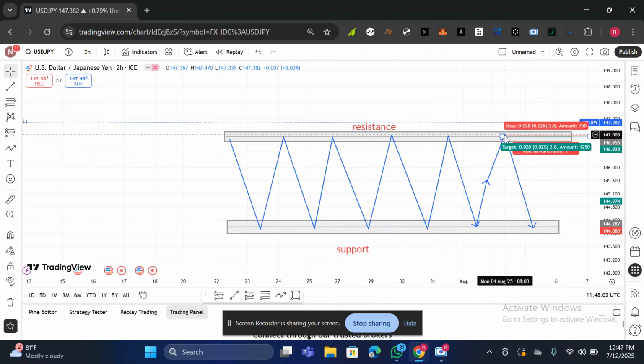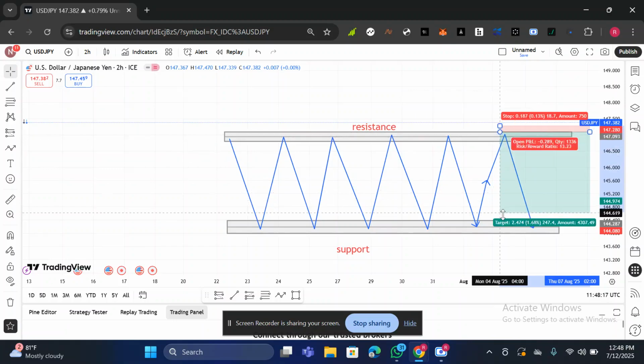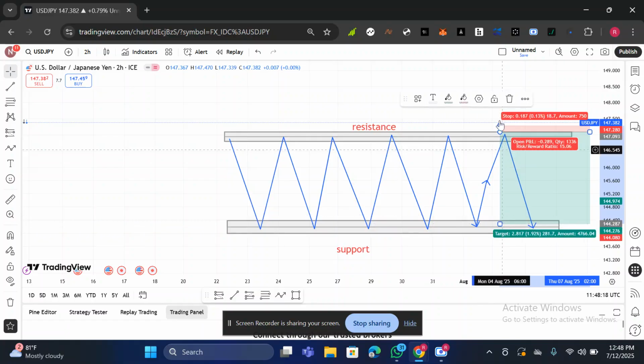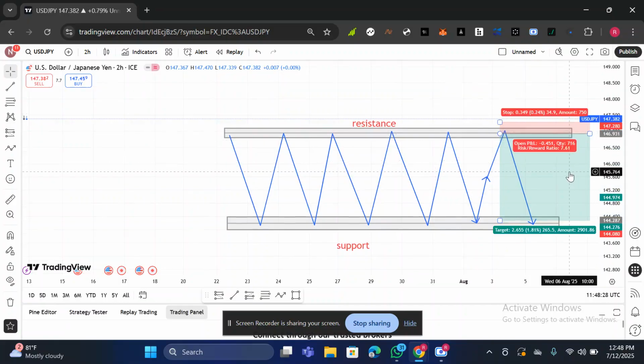Your entry point will be around the resistance point for a short in the market. So take note that this resistance level can be broken out.